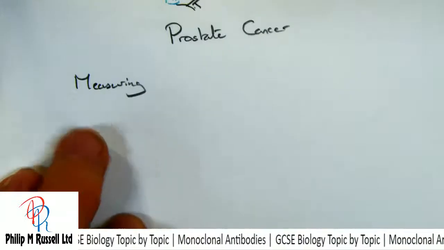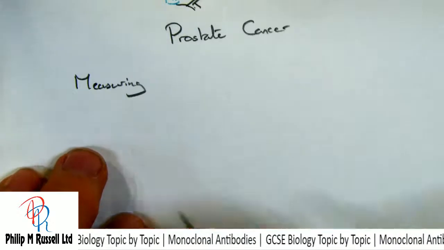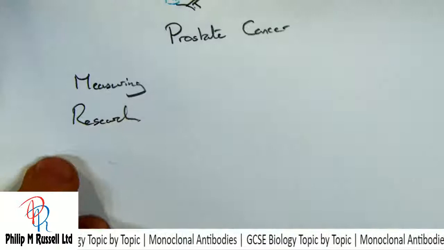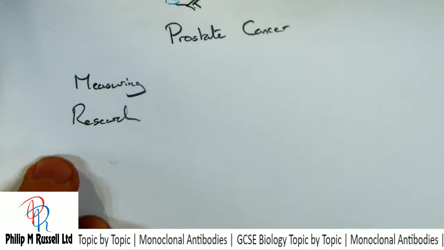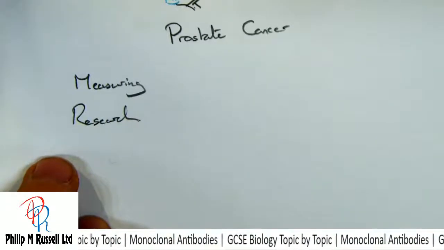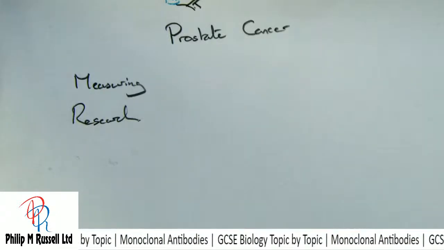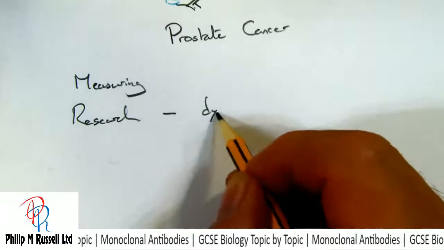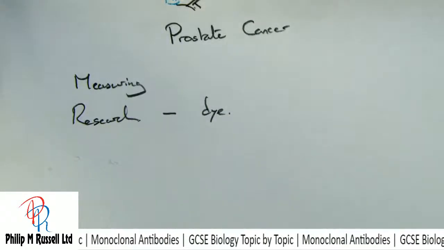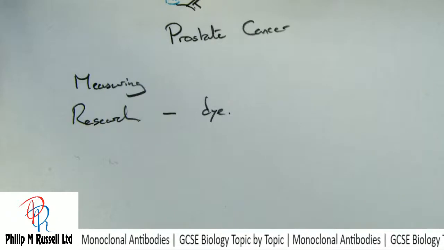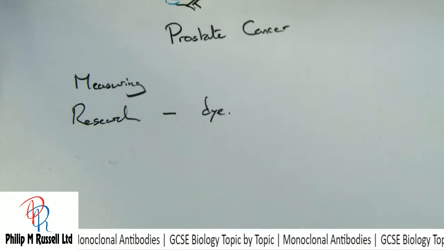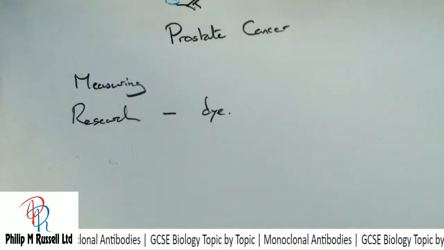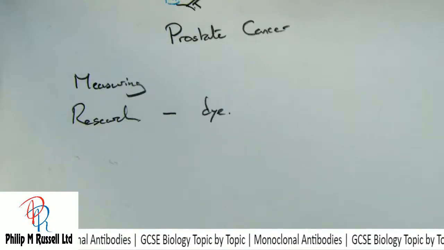One of them being diabetes. We can use it largely in research to try and identify, locate specific molecules in a cell or a tissue, and we can often attach these to some sort of dye. Fluorescent dyes quite often used, so we can see what's going on, and we might be able to even use it to treat a disease.